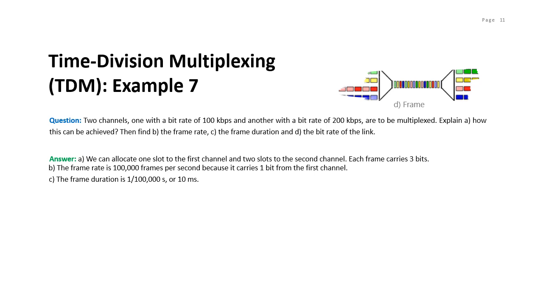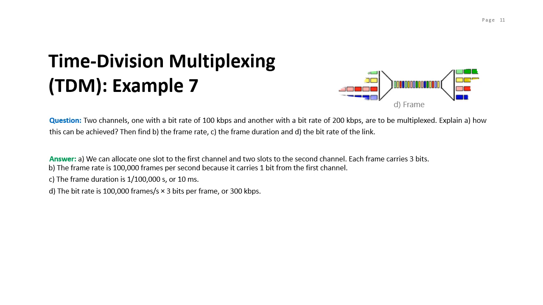For C, the frame duration is 1 over 100,000 second or 10 microseconds. For D, the bit rate you can calculate by multiplying 100,000 frames per second with 3 bits per frame.